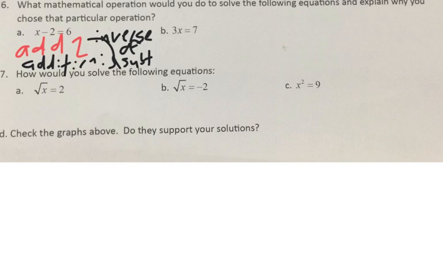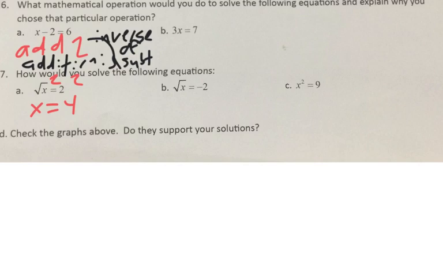So if I had the square root of x equals 2, how would I solve the following equation? I would square both sides because squaring is the opposite of square root. And so that would tell me x is equal to 4. What about B?